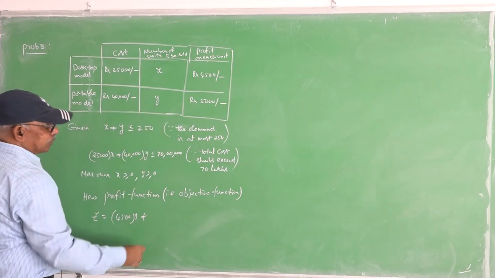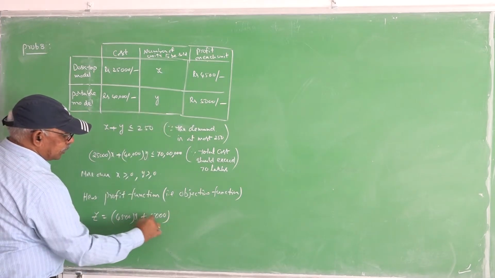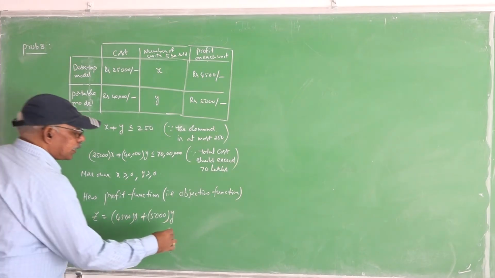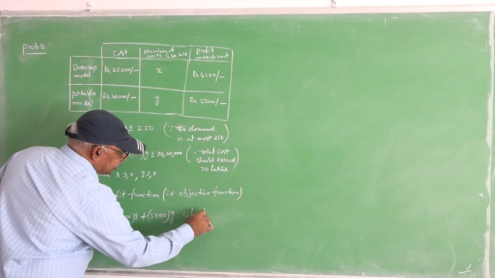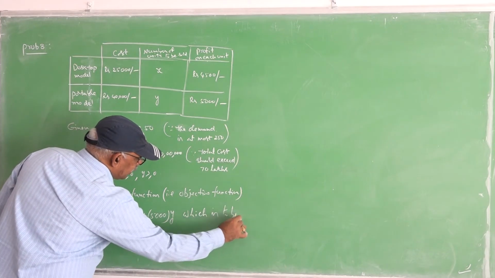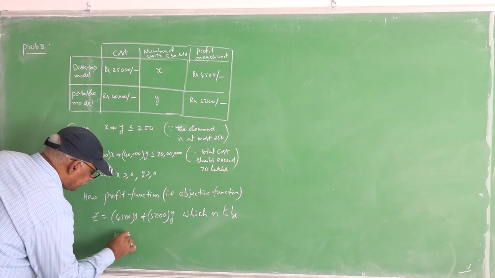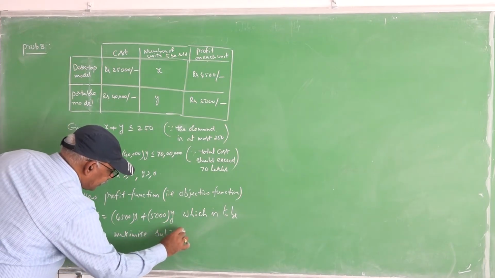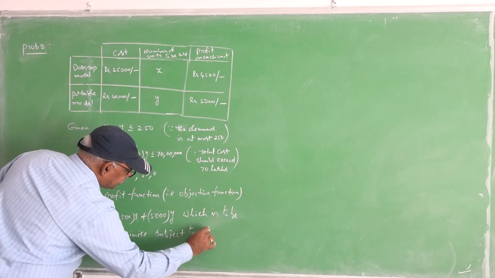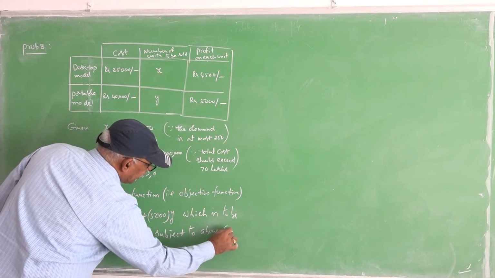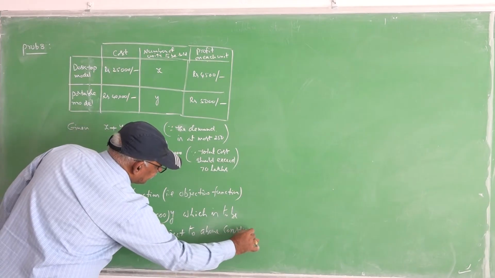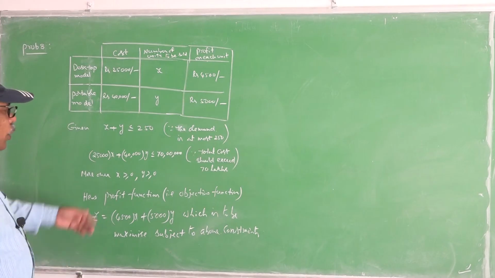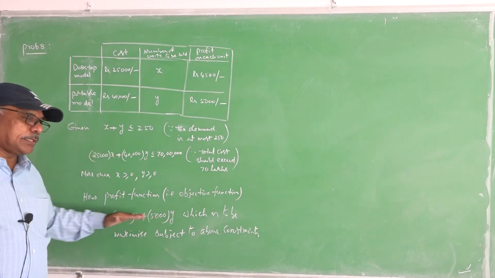For Y units, we get 5,000 into Y profit, which is to be maximized subject to above constraints. Subject to above constraints means once X and Y follow these constraints, you have to maximize this profit.